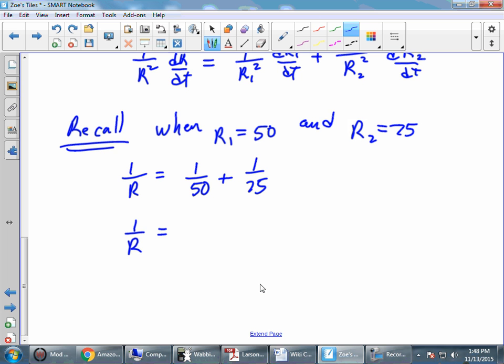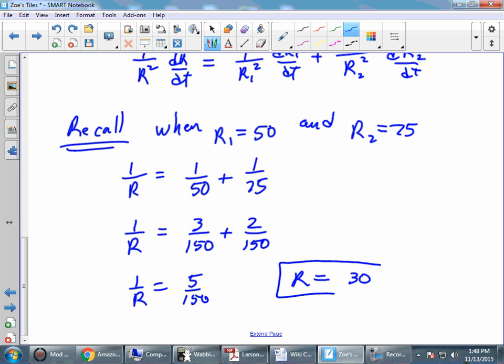Come on, Brett. 150. 3 over 150 plus 2 over 150. So now I'm at 1 over r equals 5 over 150. And r equals 30. Okay, so we can use that knowledge to our advantage.